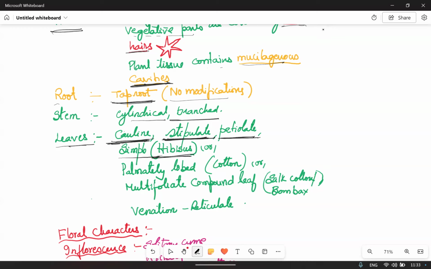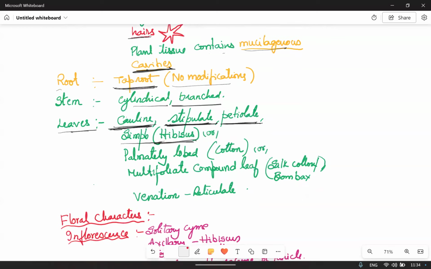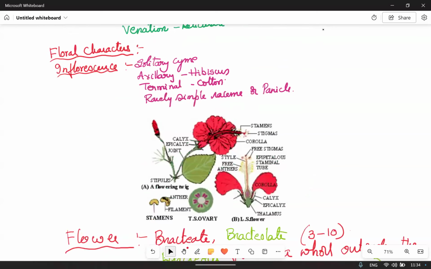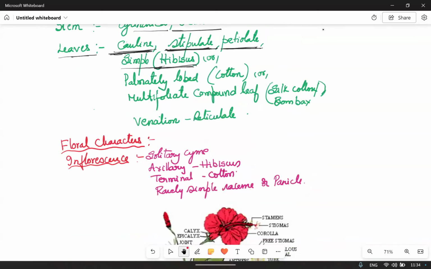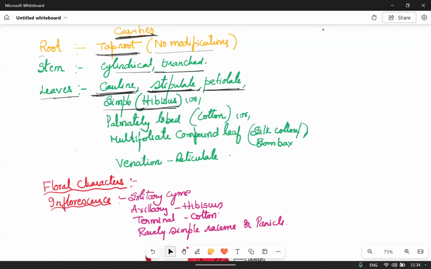You can see in hibiscus. When you see this diagram, this is the hibiscus plant, the twig of hibiscus. Hibiscus leaf, simple leaf. That serrate margin you can see there, or dentate margin. Or in cotton you can see a palmately lobed simple leaf only.